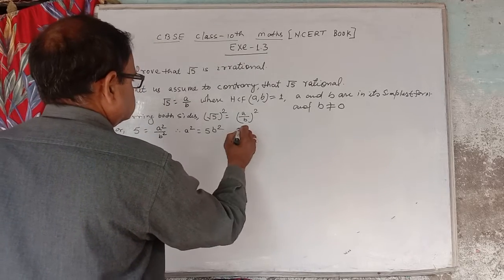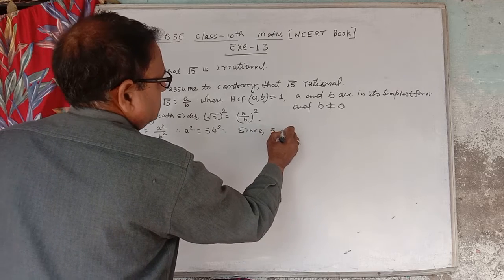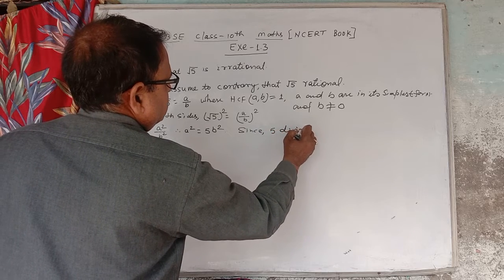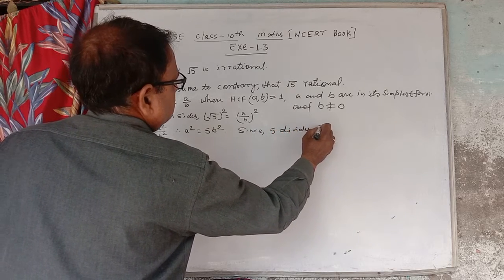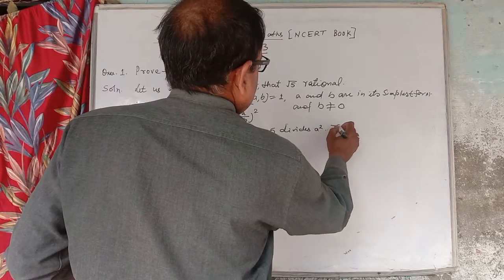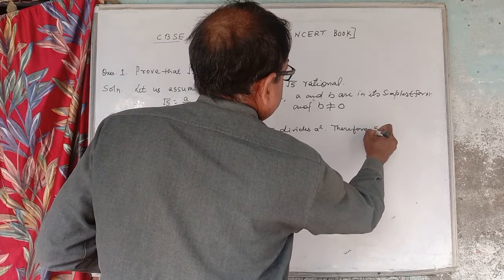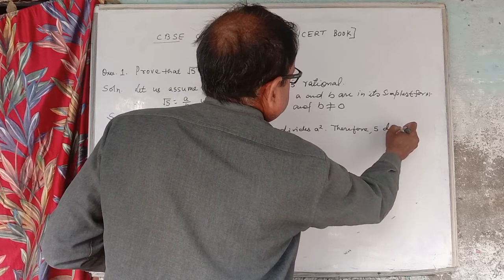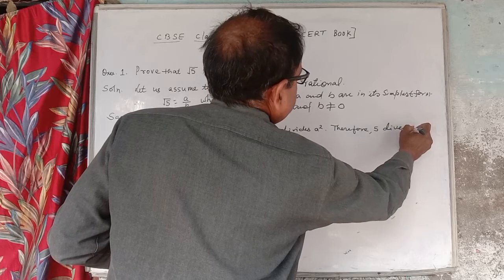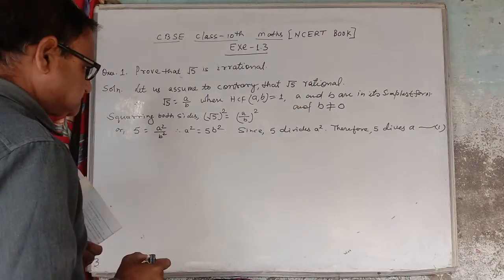Since 5 divides a square, therefore 5 divides a. Equation first.